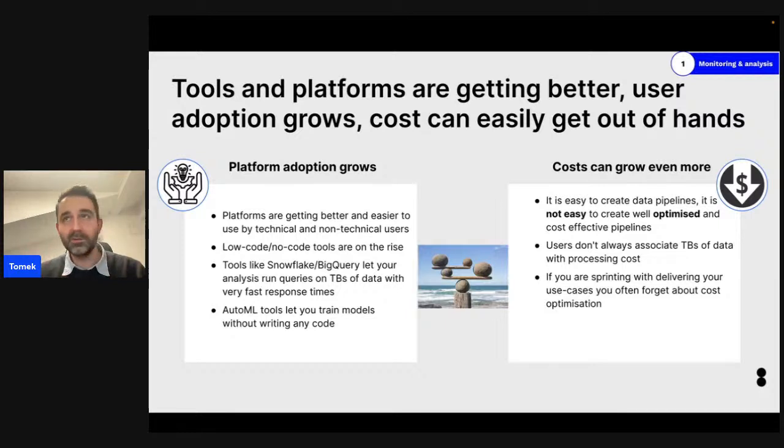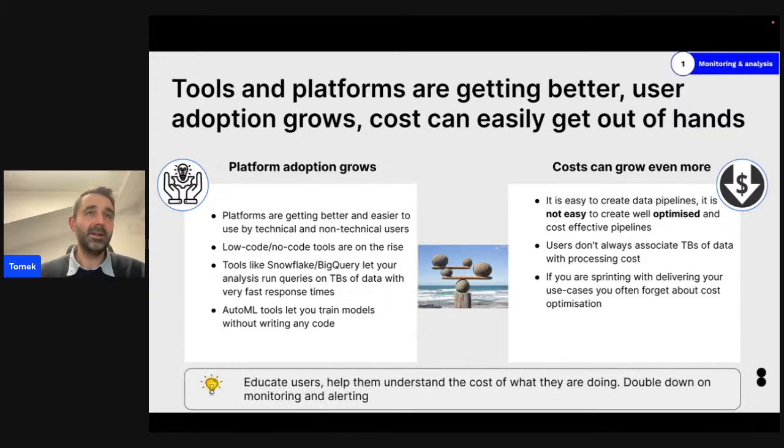So you need to be aware of this as someone who runs the platform and maintain the balance. And you also need to educate your users and help them understand that they're benefiting from all the goodies of the technology, but it doesn't come for free.